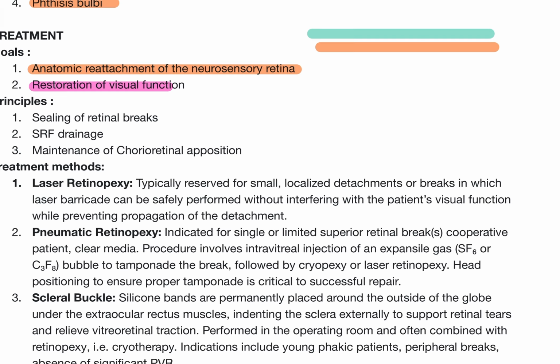What are your principles? Let me make it easy to remember with the help of a diagram. This is your choroid, and in front of your choroid you have the retina. Think of this as your retinal pigment epithelium, then your neurosensory retina, and inside you have subretinal fluid, and then there is a break. So how do you treat?